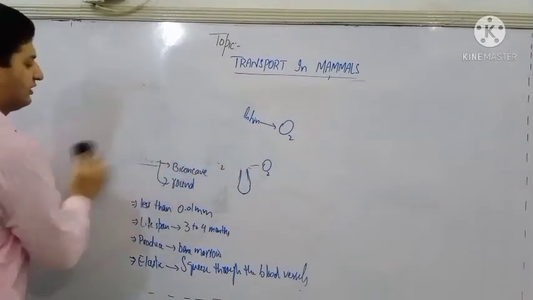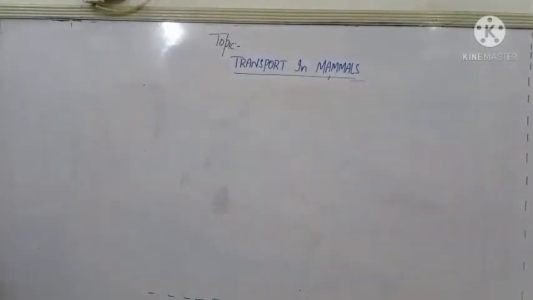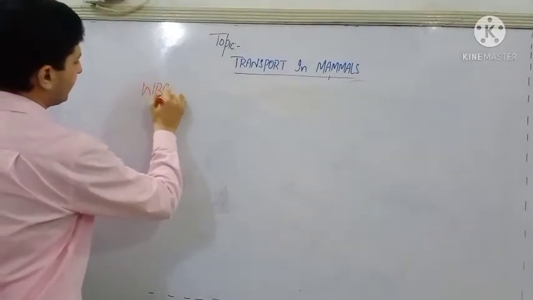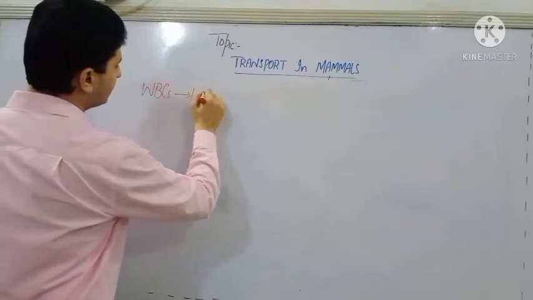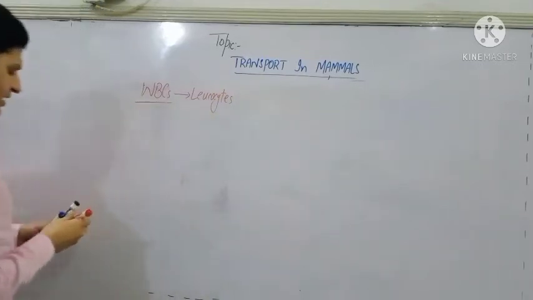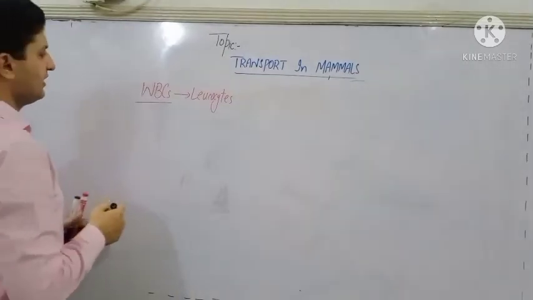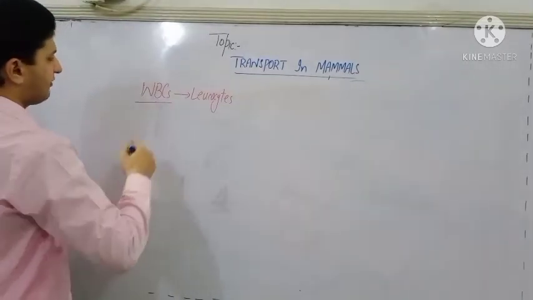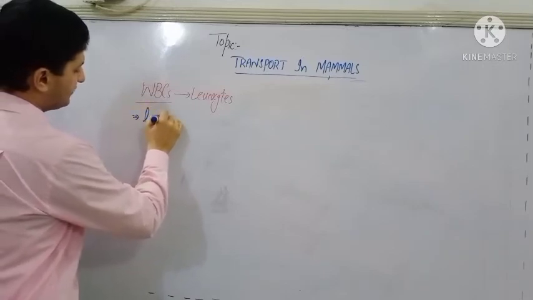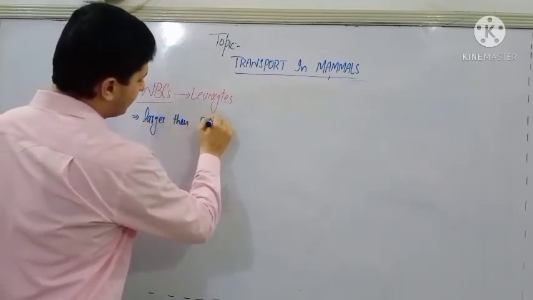Now we are going to discuss the white blood cells or leukocytes. White blood cells are also known as leukocytes. If we compare the red blood cells with the white blood cells, then we can understand that these white blood cells are larger than the red blood cells.